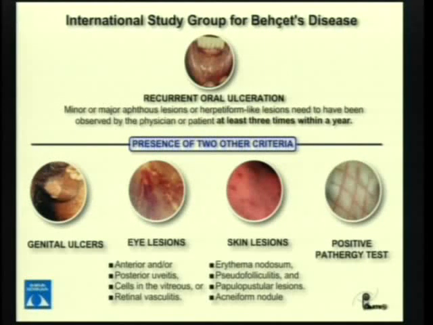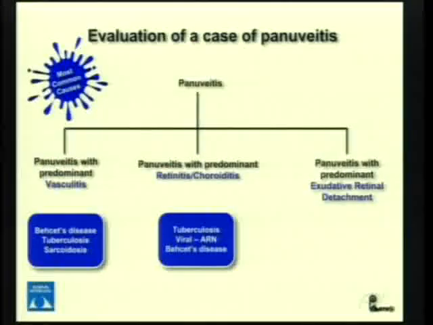For theory purposes, you should know the International Study Group classification for Behçet disease, where they have clearly defined the diagnostic criteria: recurrent oral ulceration plus two of the other criteria, like genital ulcer, eye lesions, skin lesions, and a positive pathergy test, has to be there to diagnose a case of Behçet disease.